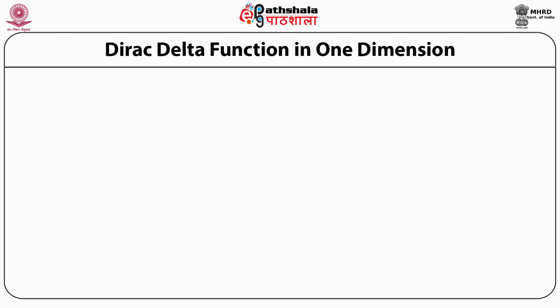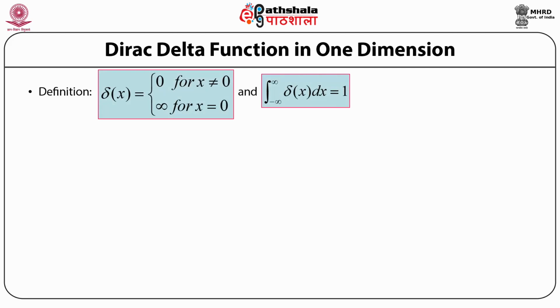Using these properties, we can define the Dirac-delta function: delta x is equal to 0 for all values of x not equal to 0 and is equal to infinity for x equal to 0. And the integral of delta x dx with limits from minus infinity to plus infinity is equal to 1.